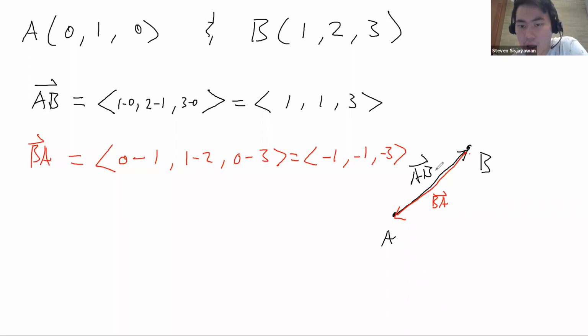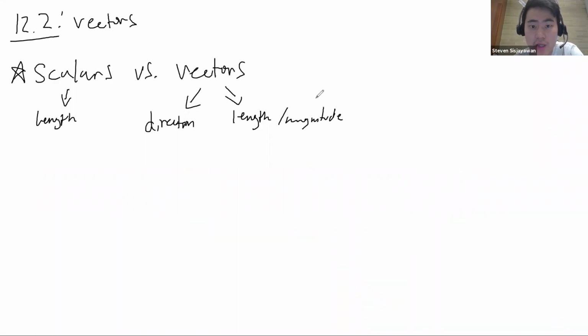Another thing to note: for AB, we have the vector pointing from A to B, and for BA, we have the vector pointing from B to A. Now, there isn't too much of a difference between the two except for the direction. As I mentioned before, vectors have both a length or magnitude and a direction.